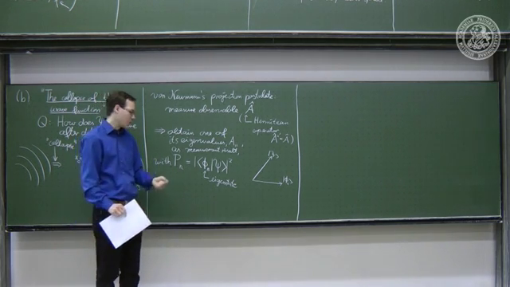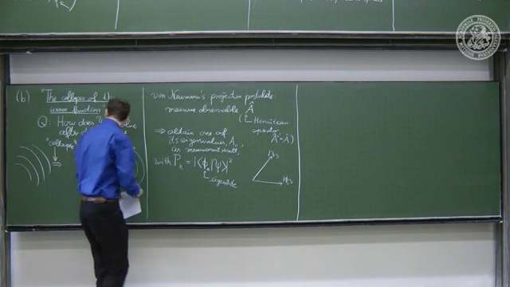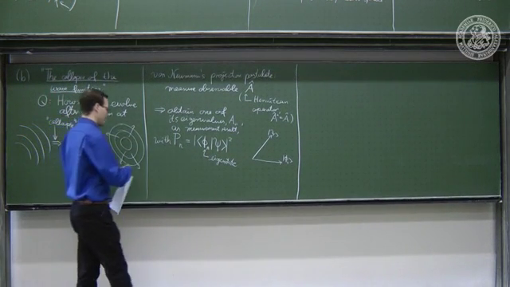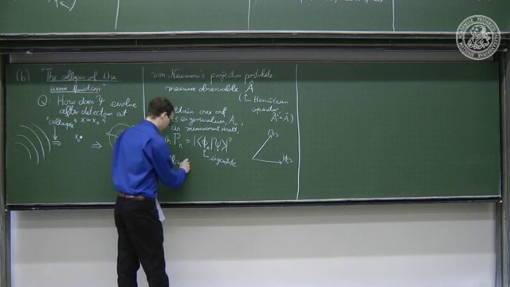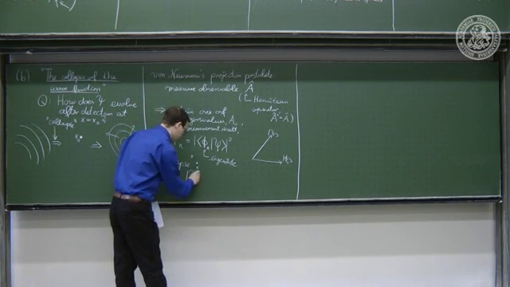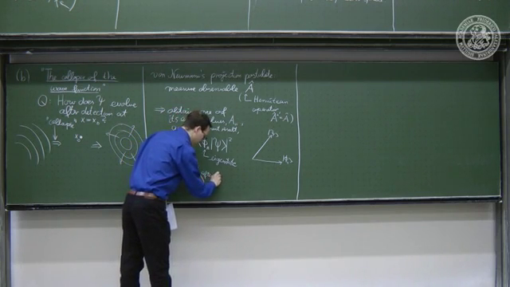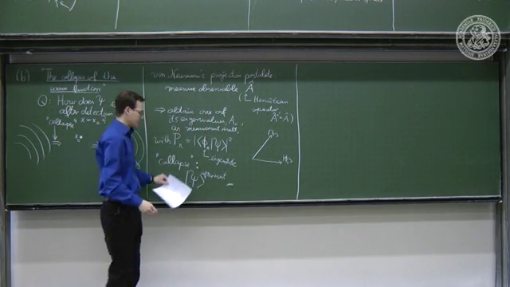So the state has to collapse into phi n. So psi after the measurement is just this eigenstate.